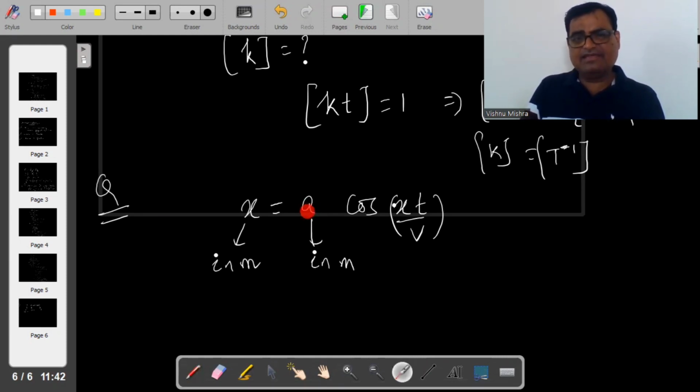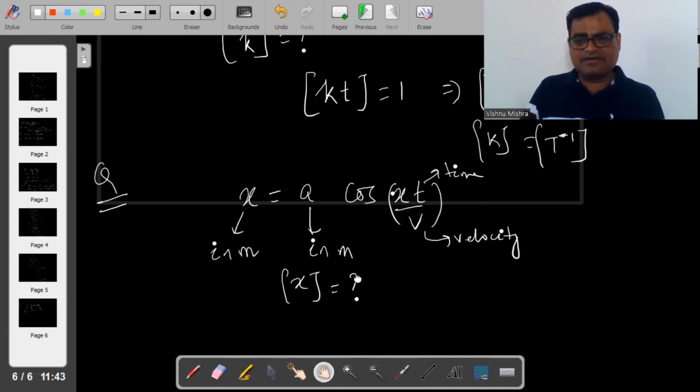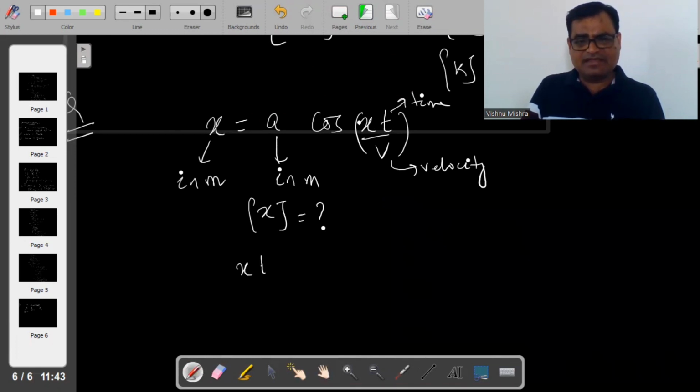A is in meter and V is the velocity and t is the time. तो find out the dimension of x. एक्स का डायमेंशन कितना निकालोगे? तो यहीं पे देखो, cos function is always dimensionless, trigonometry ratio is always dimensionless. तो ये पूरा dimensionless बन जाएगा. तो xt by v is always equal to one. One means dimensionless, m0 l0 t0 मतलब one हो गया ना.